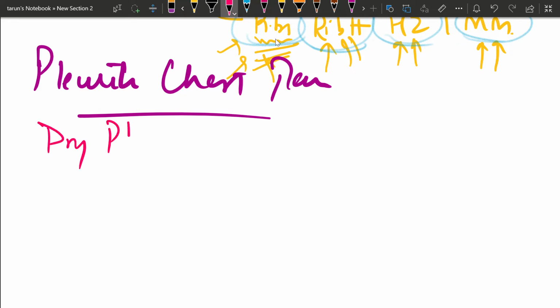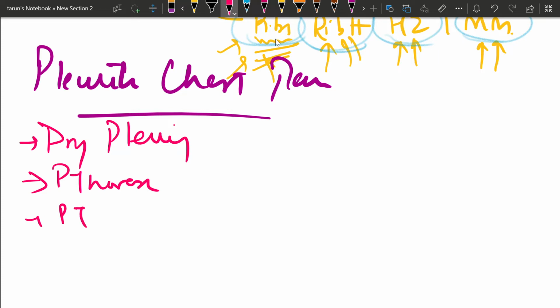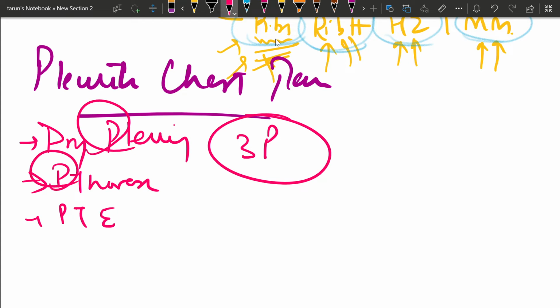Then in pneumothorax you will find pleuritic chest pain. And pulmonary thromboembolism. So three P's for pleuritic chest pain: pleurisy, pneumothorax, pulmonary thromboembolism.